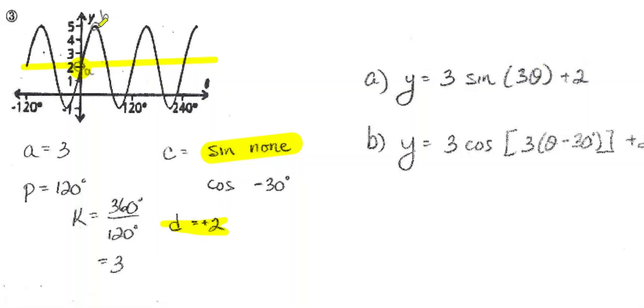Now looking at it as a cosine function, and again, I'm choosing values that are the high point closest to the y-axis so that your phase shift values are small. So here, we don't know what that value is, but we can figure it out quickly. If the full wave is 120, half the wave is 60, and that means half from 0 to 60 is 30.